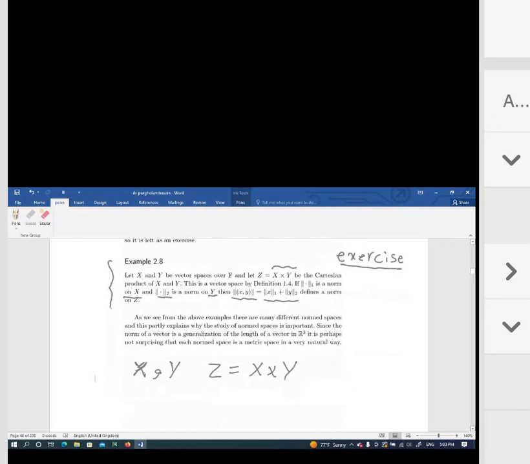When we have two normed spaces, we can define another norm on the Cartesian product of X and Y. Let X and Y be vector spaces over F, and let Z be the Cartesian product X cross Y. Z is a vector space, and we can define a norm on Z by this equation: the norm of the ordered pair (x, y) is defined using norm 1 on X and norm 2 on Y. We suppose that norm 1 is a norm on X and norm 2 is a norm on Y. So we can define a norm on the Cartesian product of X and Y.